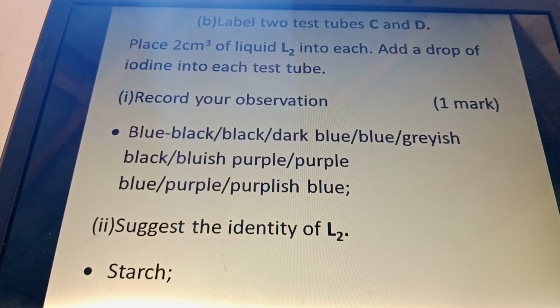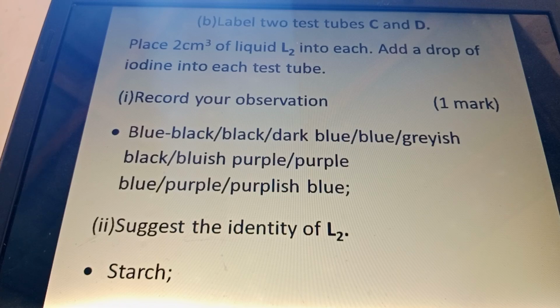Label 2 test tubes C and D. Place 2 cubic centimeters of liquid R2 into each and a drop of iodine in each test tube. Record your observation, and you find that you can get the following colors: blue-black, black, dark blue, blue, grayish black, bluish purple, purple, purplish blue.